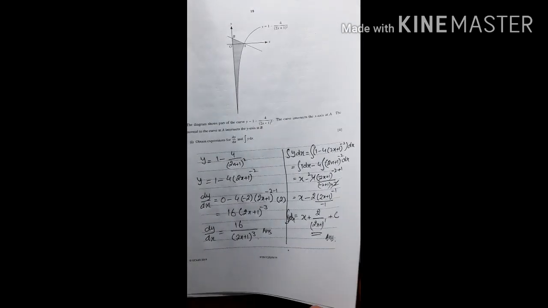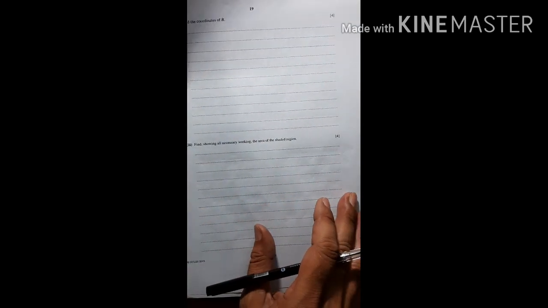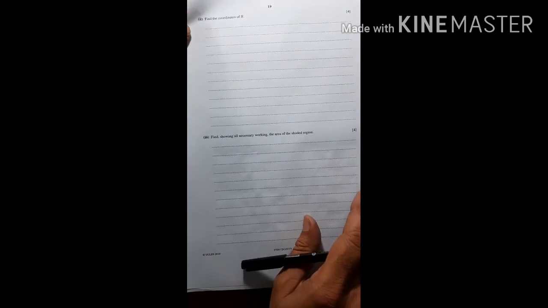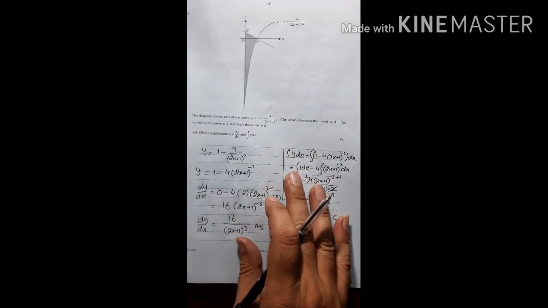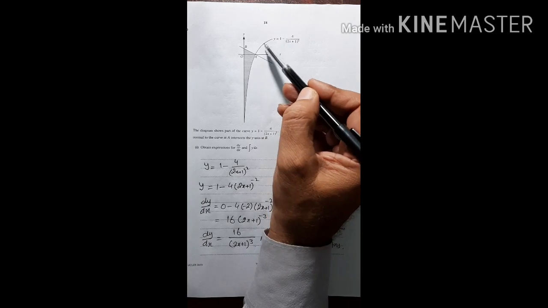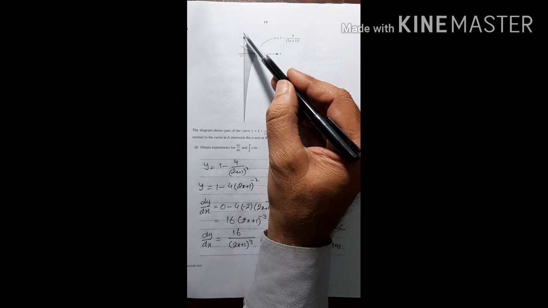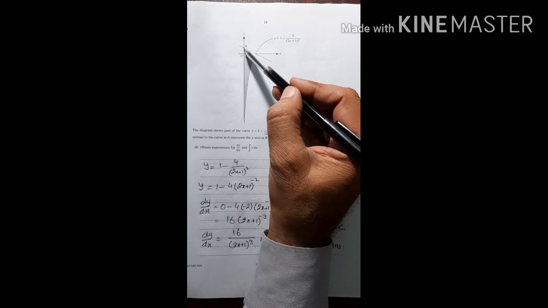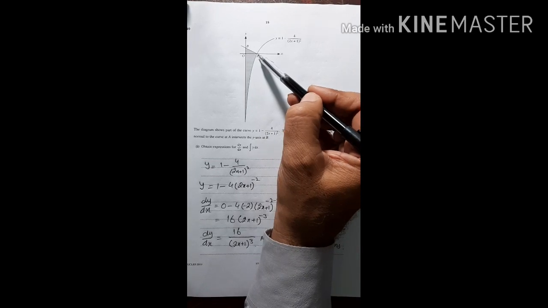Now find the coordinates of B. For this we need to understand the diagram first. If you see, this is normal to the curve. AB is normal to the curve, and this normal is intersecting y-axis at B. So first of all, I need to find out the equation of this normal.